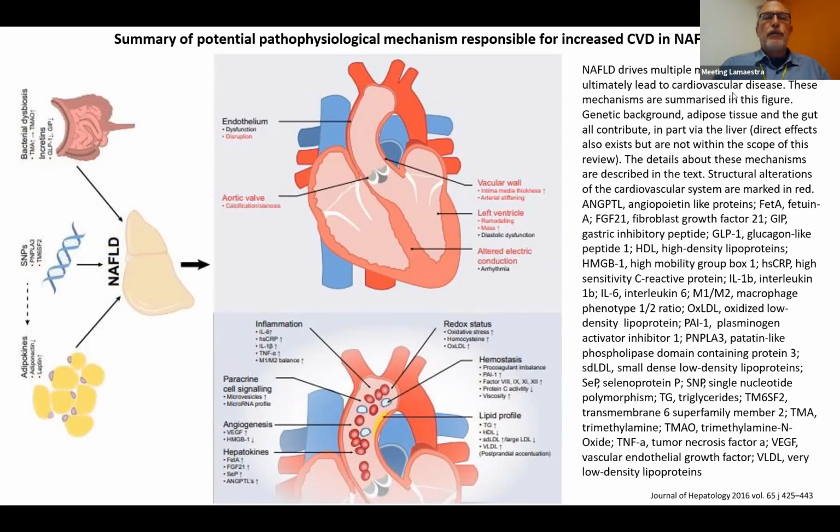The center brings forward aortic valve, which we didn't talk much about before, or vascular wall changes, but these can take place through hypertension, hyperlipidemia, morbid obesity, and eventually can have aortic dissection. Bottom part, lots and lots of detail about what goes on between inflammation, signaling, angiogenesis, hepatokines, redox, hemostasis, and lipid profile for your studies later.